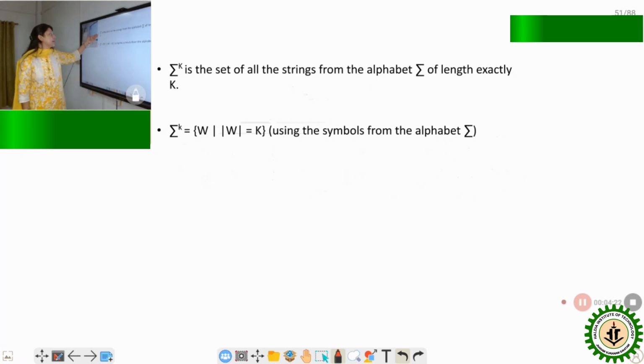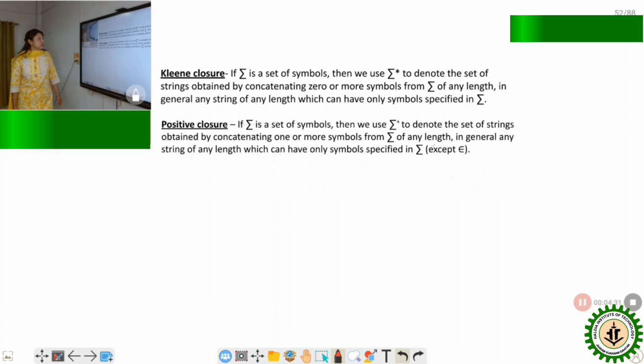So sigma to the power k is the set of all strings from the alphabet sigma of length exactly k. So what is the meaning of Kleene closure? We use sigma to the power star to denote the set of strings obtained by concatenating 0 or more symbols from sigma of any length. So what is sigma star?